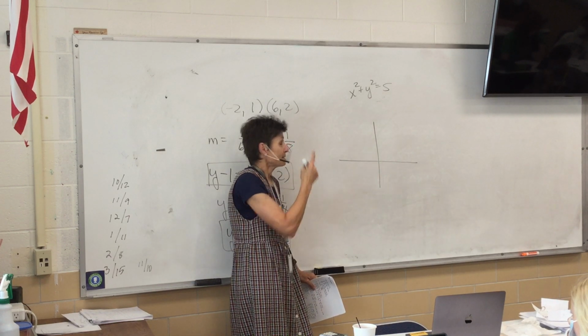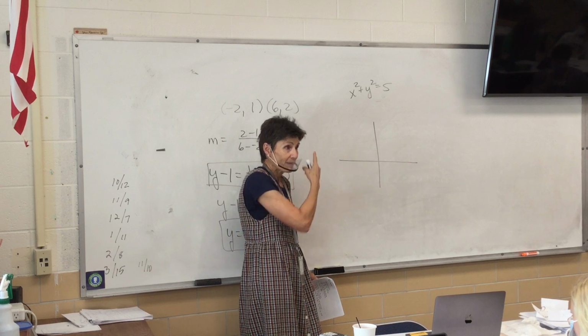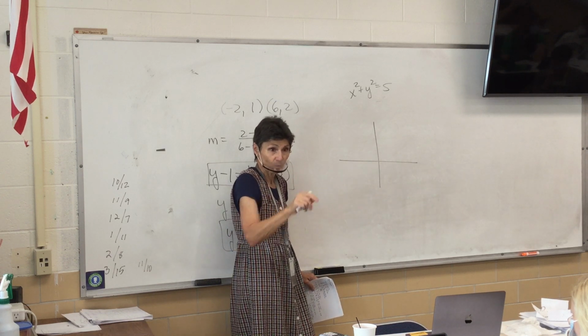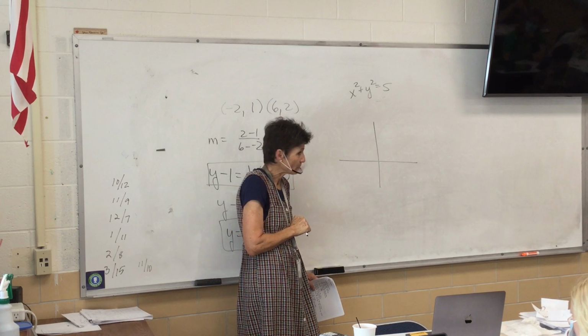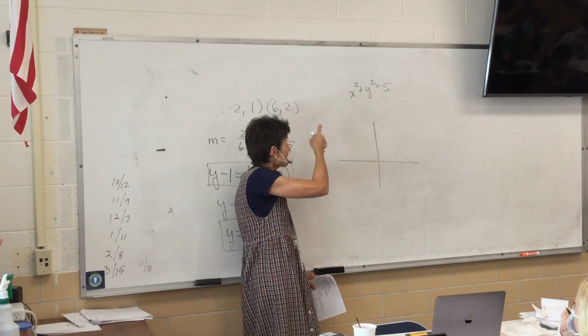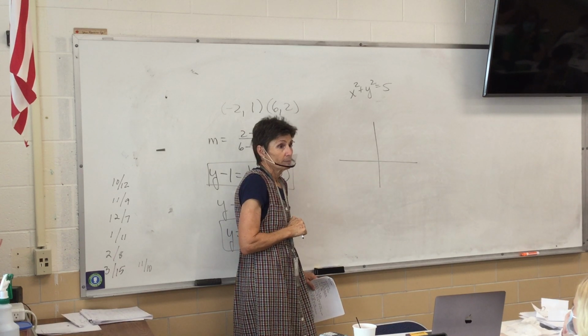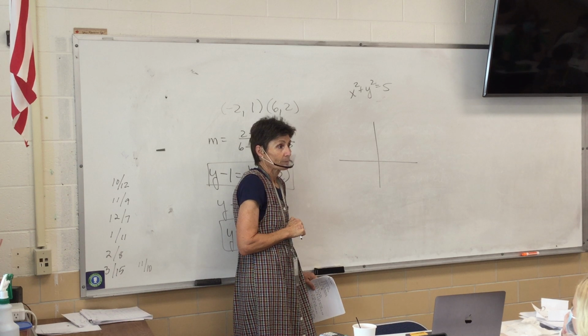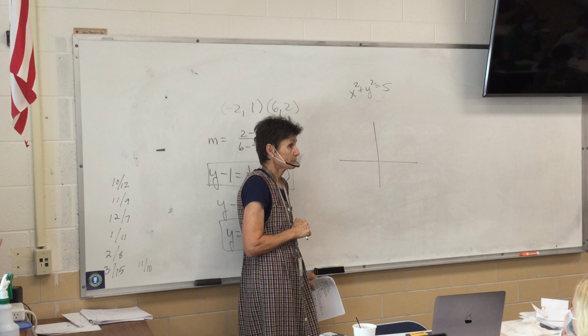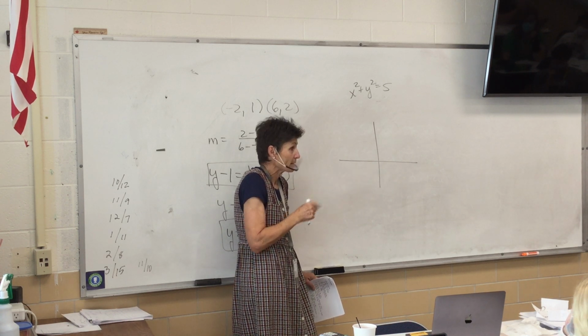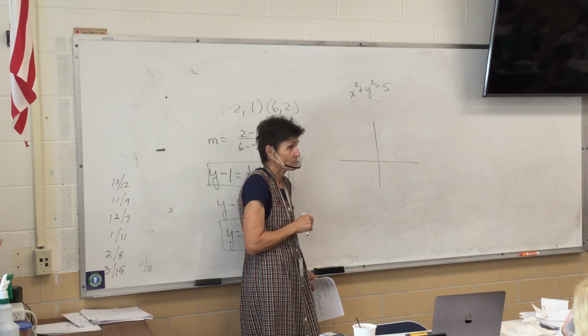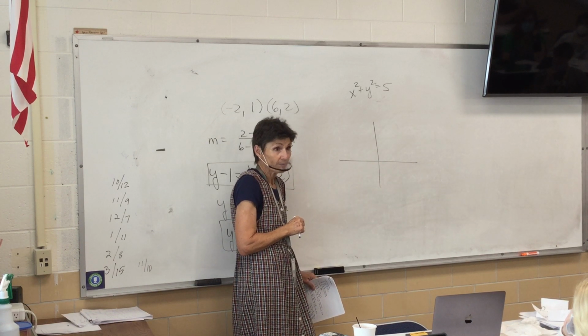It definitely does, but that's the equation of a circle. Remember, circles have x squareds and y squareds? We talked about this. What's the center of that circle? 0, because there's no numbers added or subtracted. What's the radius of that circle? Square root of 5.